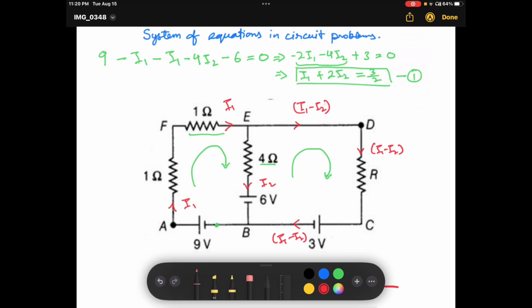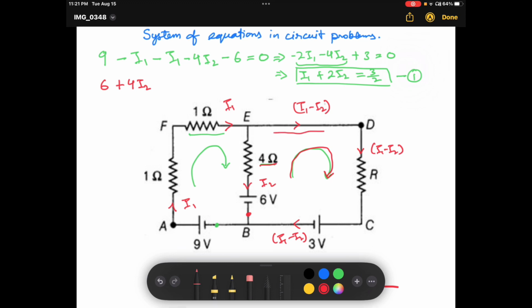Now let's write the equation for the second loop, the one that goes over here. Again, I will start behind the 6-volt battery, and as we go over here, we will have a rise of 6 volts. And then here's the interesting part: because we are going opposite to the current, instead of a drop there will be a rise, so we will say plus 4I2 as we go over this resistor.